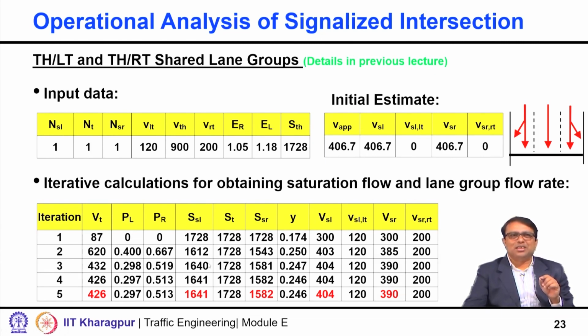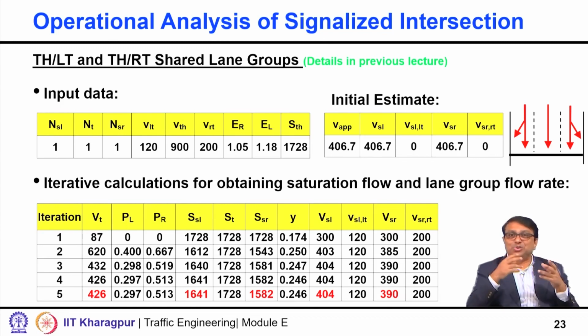Similarly, the shared lane left SSL and shared lane right SSR values also change. The higher the proportion, the lower the value, and accordingly VSL, VSL LT, VSR, VSR RT are all calculated. Finally, when there is convergence and nothing much is changing, we stop.